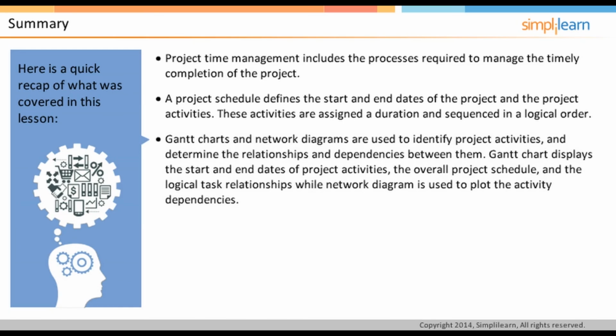Gantt charts and network diagrams are used to identify project activities and determine the relationships and dependencies between them. Gantt chart displays the start and end dates of project activities, the overall project schedule, and the logical task relationships, while network diagram is used to plot the activity dependencies.